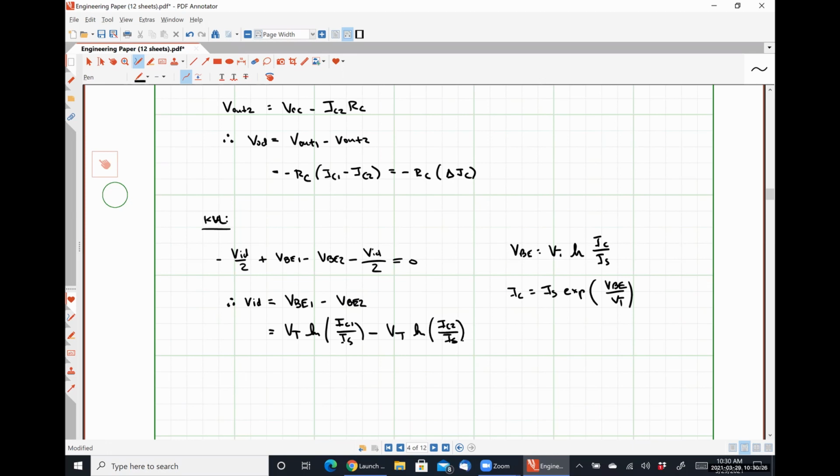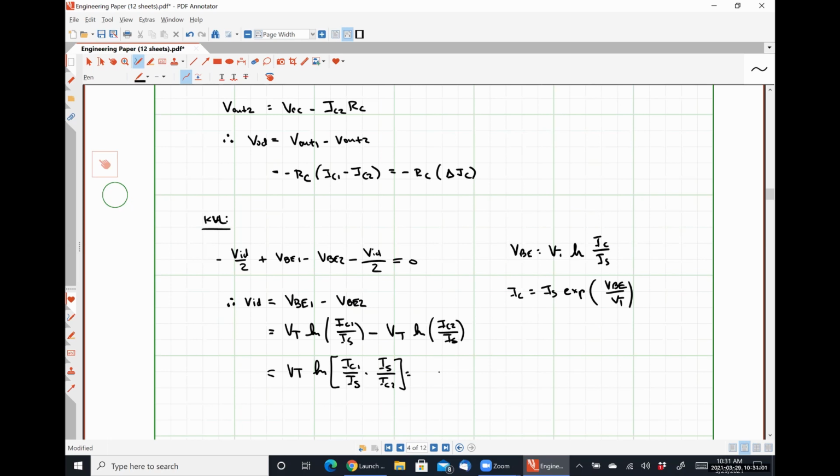So what happens when I have a natural log subtracted from another natural log? What can I do to simplify things here? Anybody remember your pre-calculus stuff? The first term goes in the numerator, the second I effectively divide, so I have a common factor of VT times the natural log of IC1 over IS times IS over IC2.